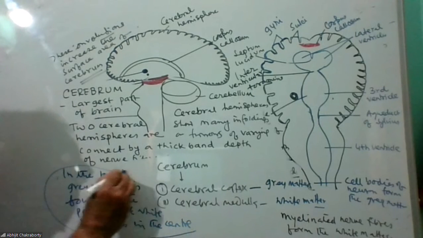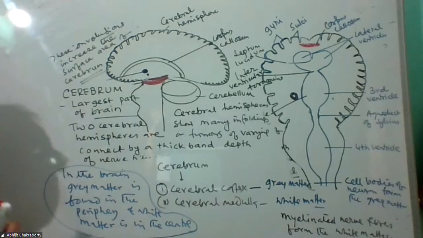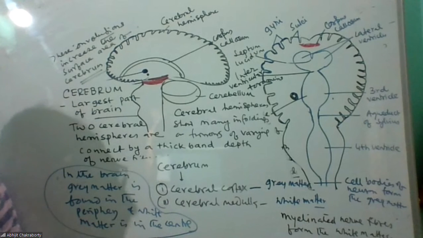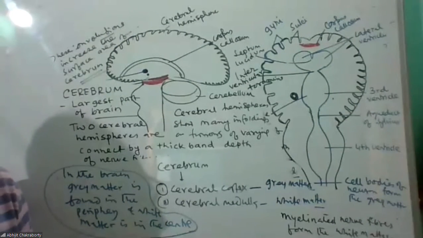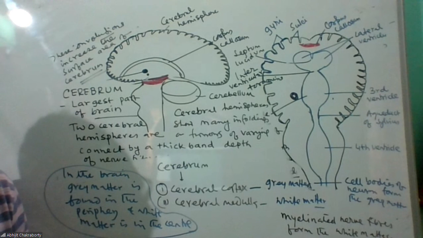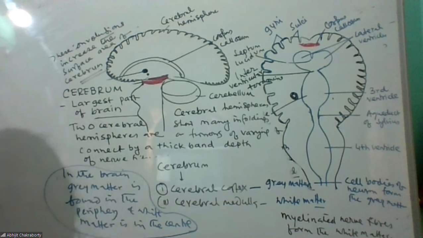Learn these things. In the brain, gray matter is found in the periphery and white matter is in the center. In the spinal cord, gray matter is in the center and white matter is in the periphery. Can you remember this thing? Is it clear to you? Yes, sir. Okay.